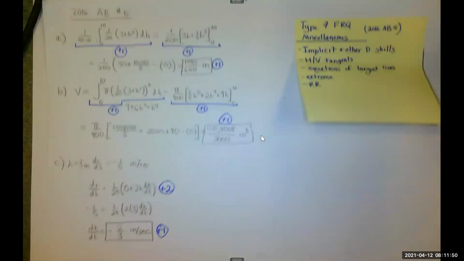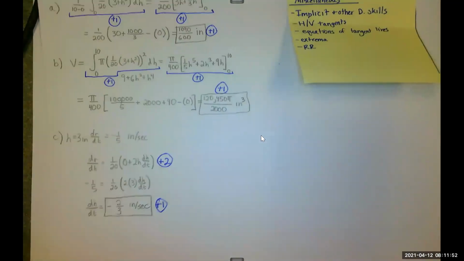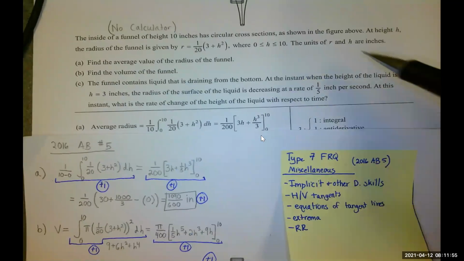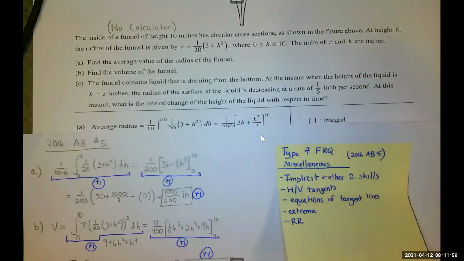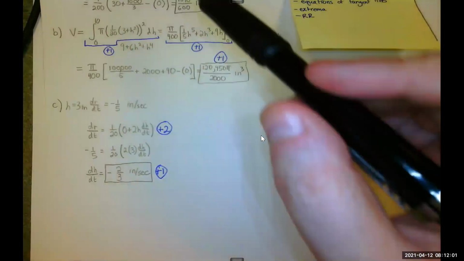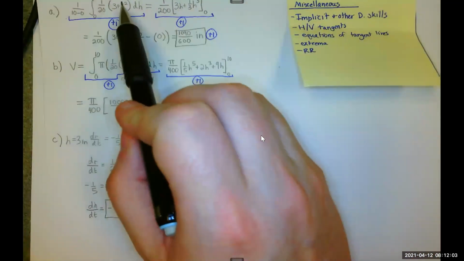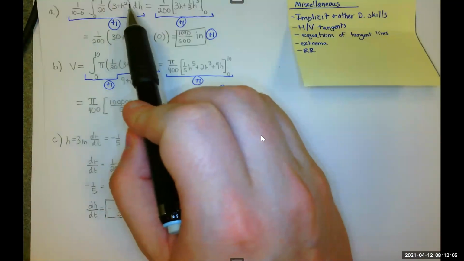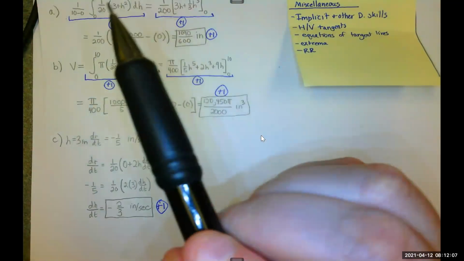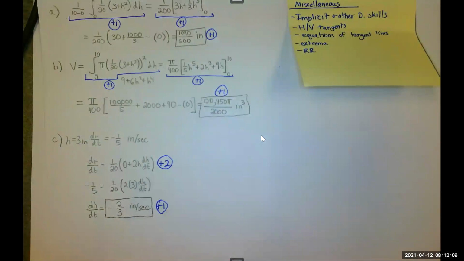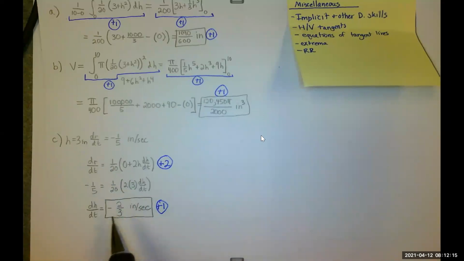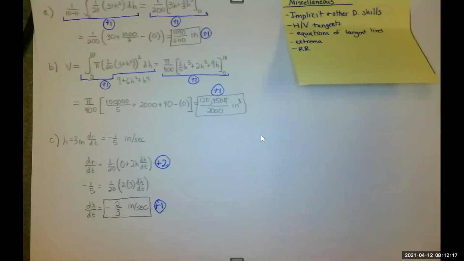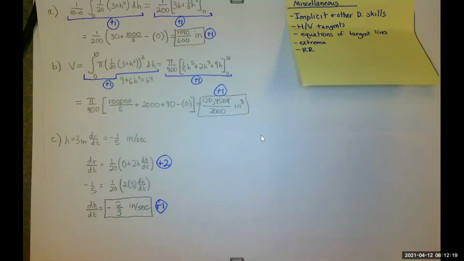And I settled on the radius equation because it talks about the rate of change of height. And I said that is dh/dt. And if I differentiate 1/20th times 3 plus h squared, I'm going to get a dh/dt. Okay, so then I replaced h with 3, dr/dt with negative 1/5, did some algebra, and got inches per second.